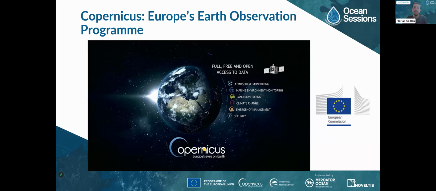Each of these services follows the same principle: provide reliable, long-term Earth observation data that anyone can access at no cost. Today, we will focus on the Copernicus Marine Service, implemented and operated by Mercator Ocean International. This service delivers high-quality and regularly updated ocean data, describing the ocean's physical state, sea ice, and marine ecosystems, supporting science, policy, and industry worldwide.